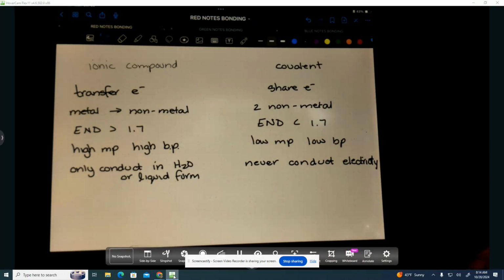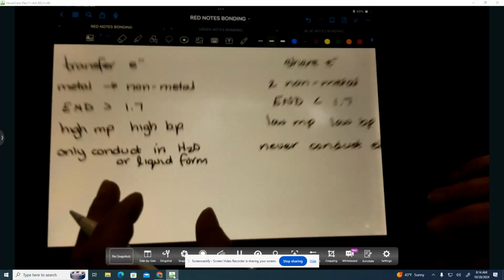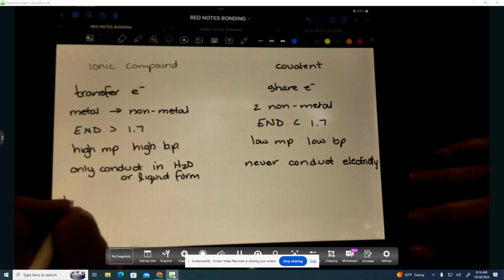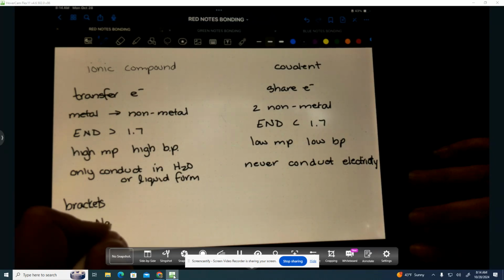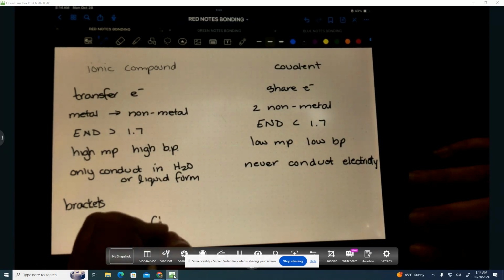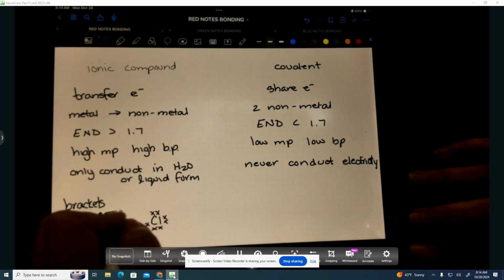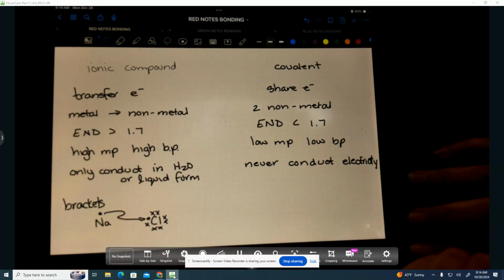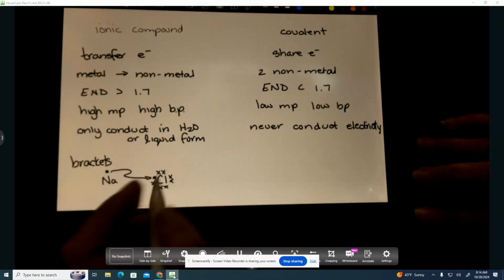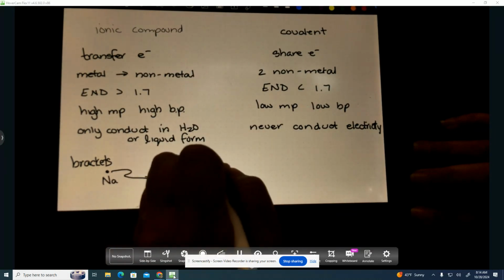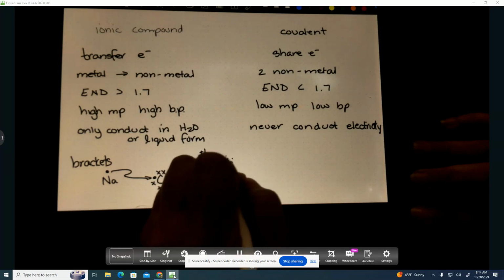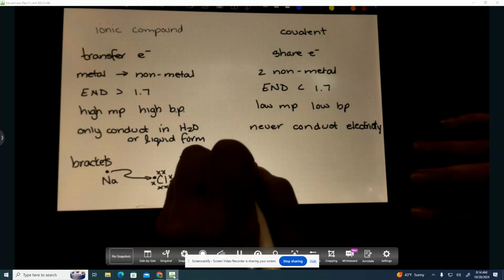Okay. When you draw an ionic compound, you're going to use the brackets. Sodium with 1 valence electron, chlorine with 7. You're going to show the electron moving. And then you're going to have sodium in brackets with the +1 and chlorine in brackets with the -1.